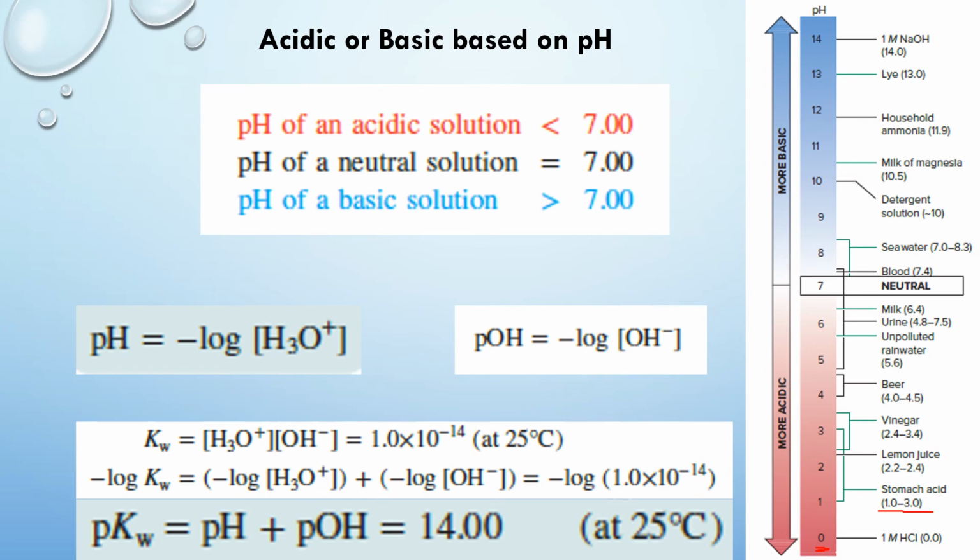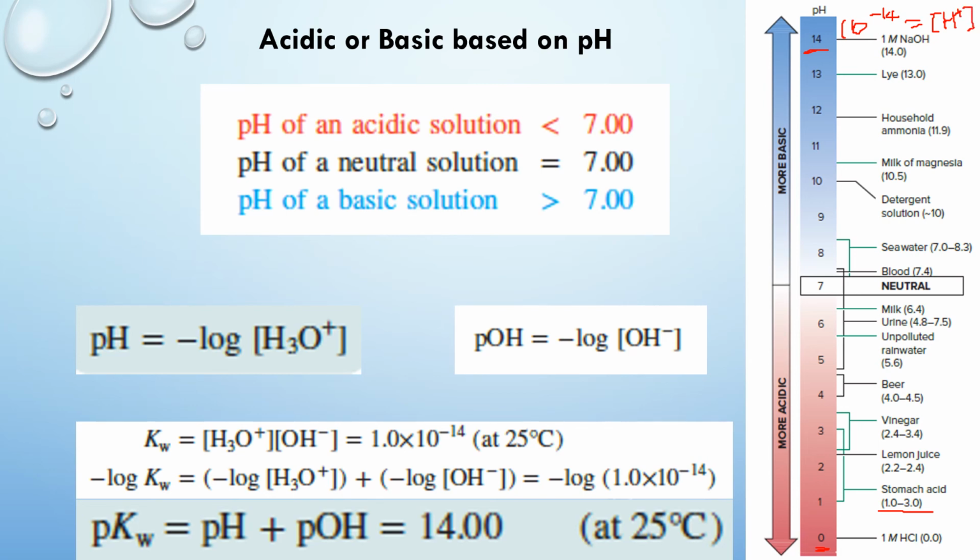And for 1 molar sodium hydroxide, the pH is equal to 14, meaning it mainly contains hydroxide, and the proton concentration is very small, equal to 10 to the negative 14.